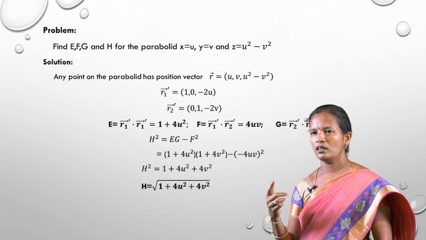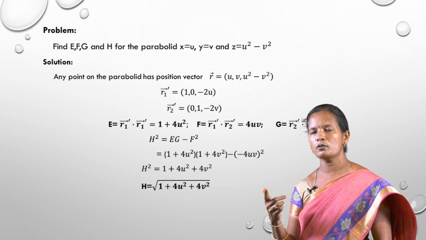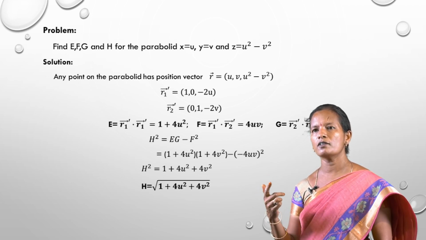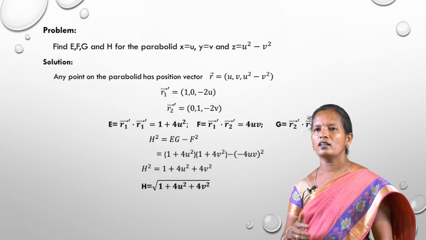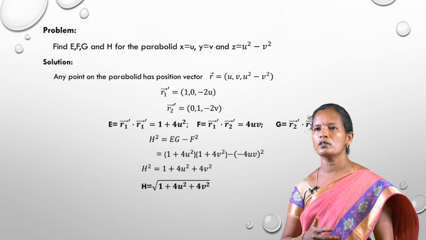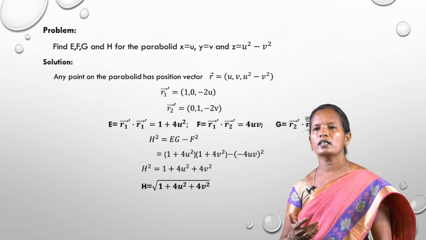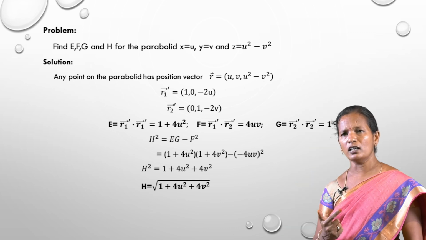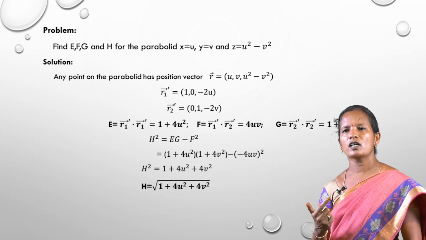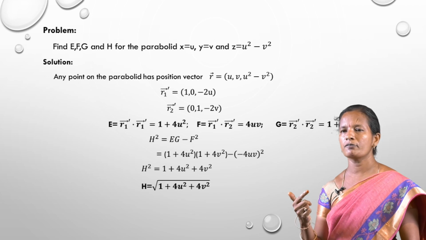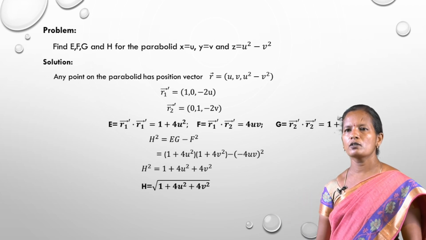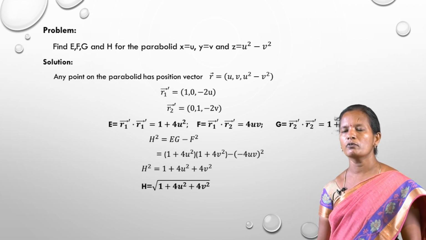So here the x value is u, the y value is v and the z value is u squared minus v squared. Now differentiate r vector with respect to u: r1 vector is (1, 0, 2u). And differentiating r vector with respect to v, r2 is (0, 1, minus 2v).